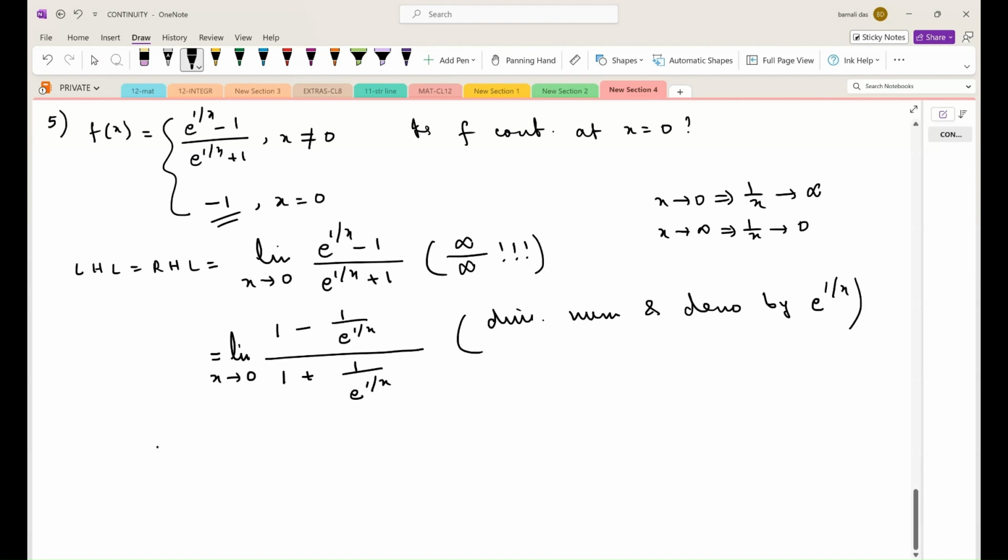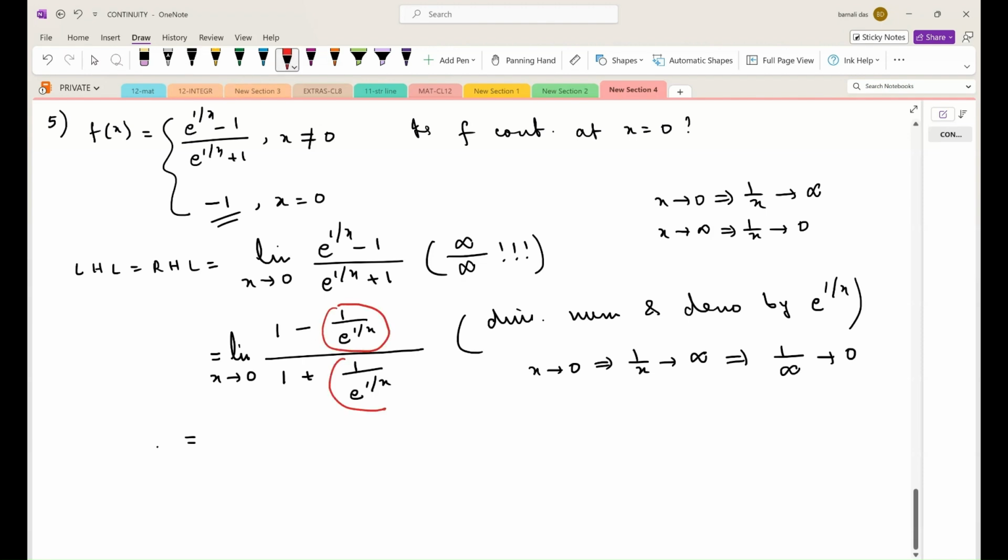100% guarantee. So now if you calculate the limit, x tends to 0, 1 by x tends to infinity. That means 1 by infinity tends to 0. So this portion tends to 0.